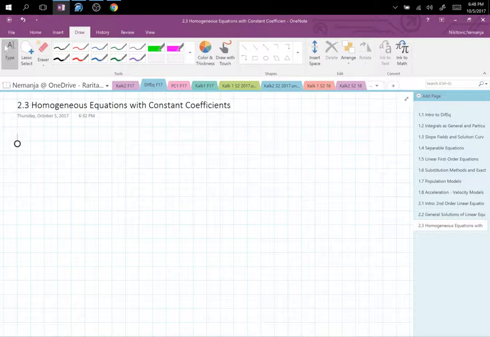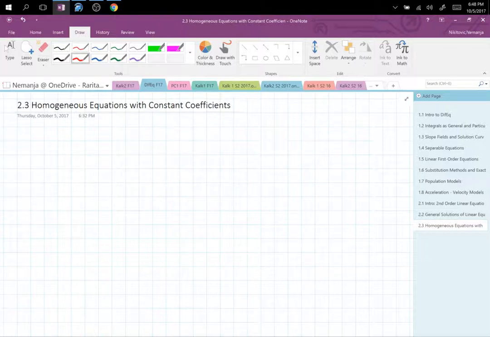So we start the whole thing by realizing our constant coefficients. So these are numbers in front of y prime, y double prime, and so on, not functions, right? Which is why I said constant coefficients.